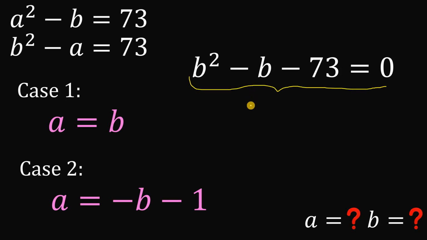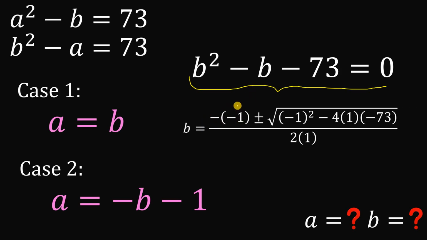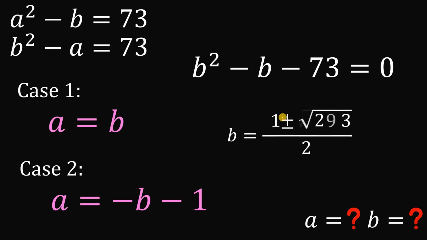So we will use the quadratic formula. And if we use the quadratic formula, we get something like negative of negative 1 plus or minus the square root of negative 1 squared minus 4 times 1 times negative 73, all over 2 times 1. This is a very famous formula, the quadratic formula. Now, if we simplify this, we get b equals 1 plus or minus square root of 293 over 2. This is the value of b.